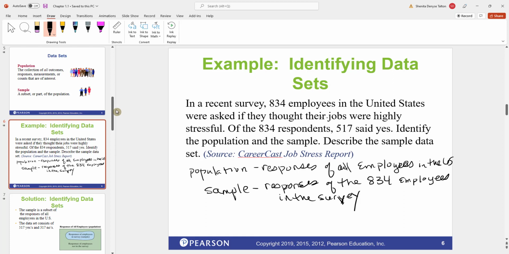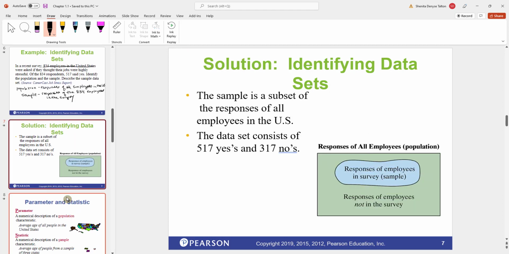Okay, so they looked at 834 employees in the U.S. That's the sample, and this comes from all of the employees in the U.S. The sample is a subset of the responses of all employees in the U.S. Okay, so the data set consists of 517 yeses and 317 nos.